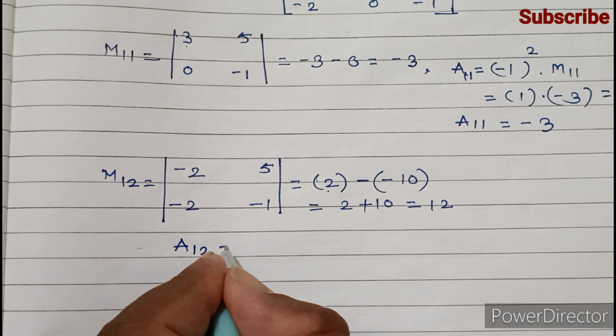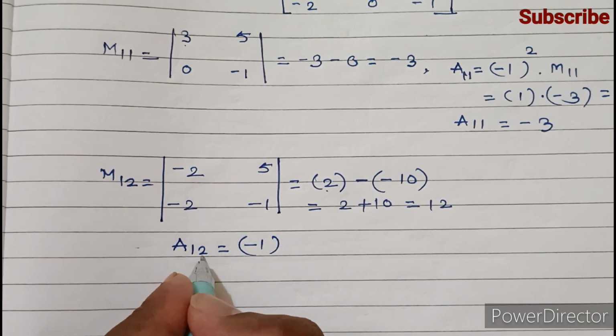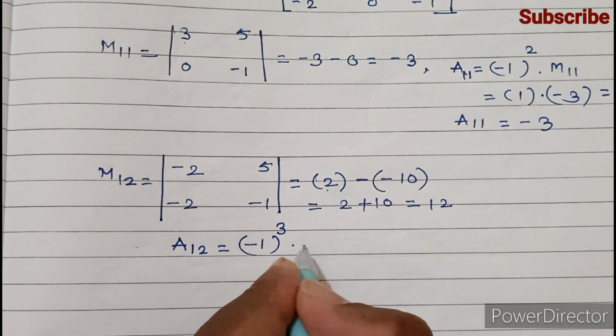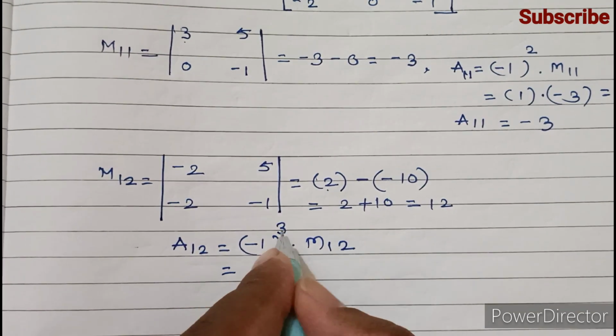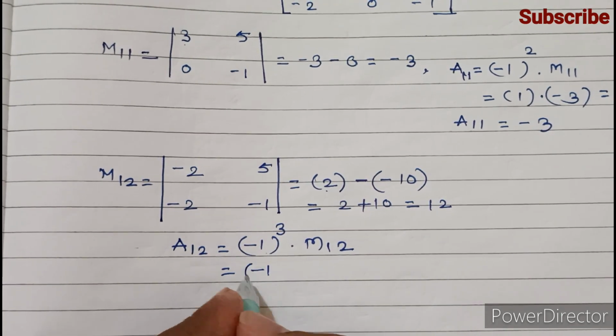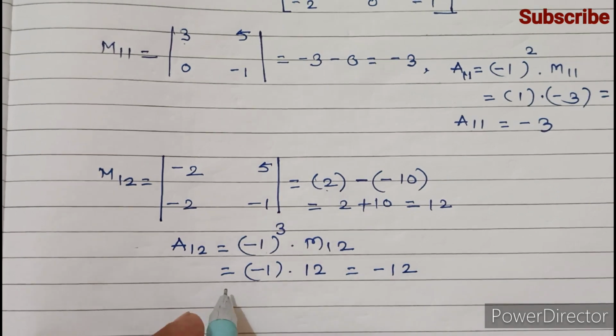A12, the cofactor of the 12 position, will be equal to minus 1 to the power 1 plus 2, that is 3, into this m12, that is minus 1 to the power 3, which is minus 1, into 12, equal to minus 12.